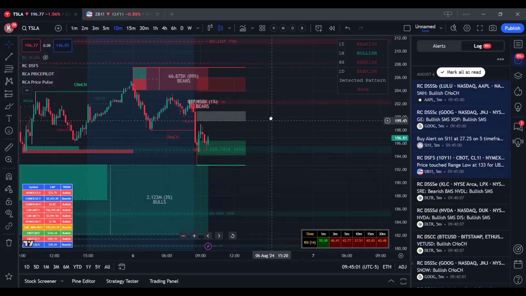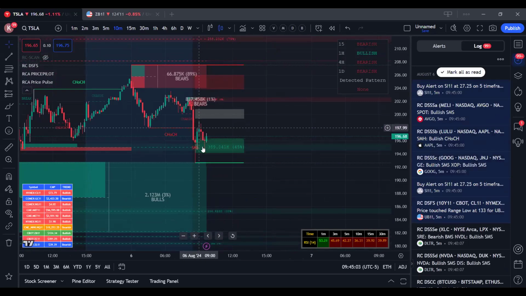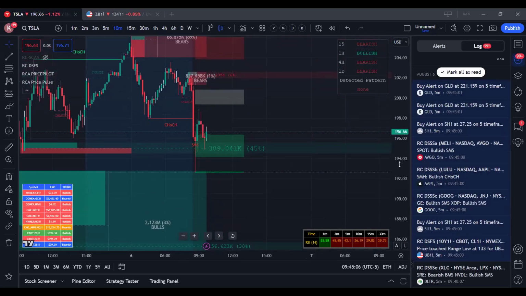Tesla touched an order block, trying to bounce up.